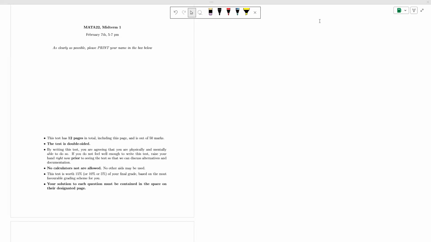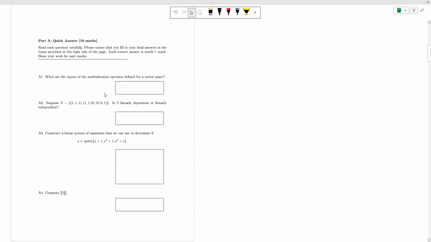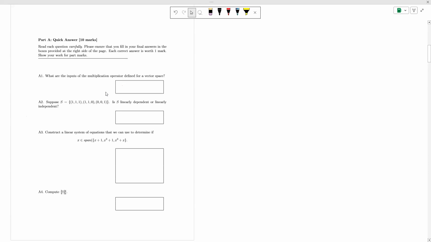So this is supposed to be a quick review of the solutions. Because it's a recording, you can pause and rewind at any point, but I'm just going to quickly go through the solutions together. So if we have an input to a multiplication operator for our vector space, remember the addition operator is v box plus v, and the multiplication operator is f dot box v.